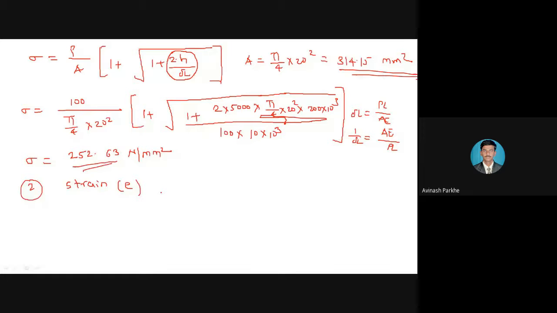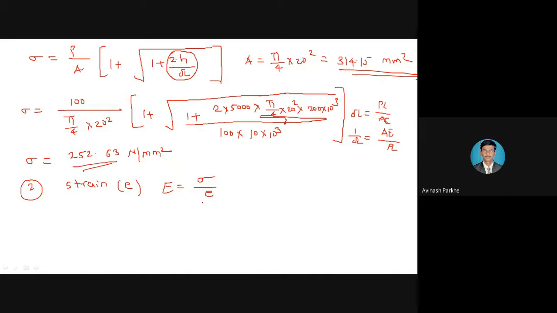If I have to calculate the strain value from the stress, which formula can I use here as per the given data? We have the formula: capital E, Young's modulus, is equal to linear stress upon linear strain.